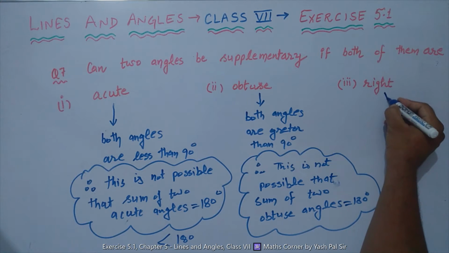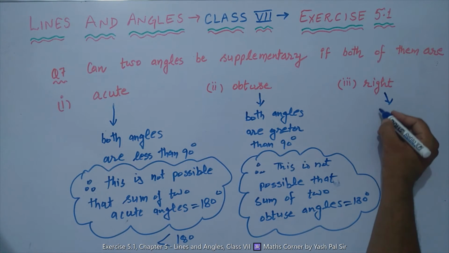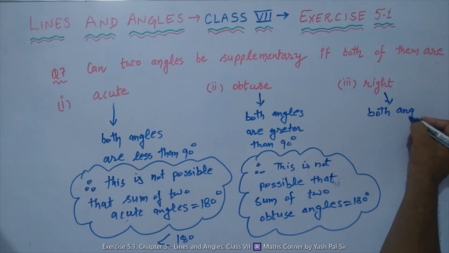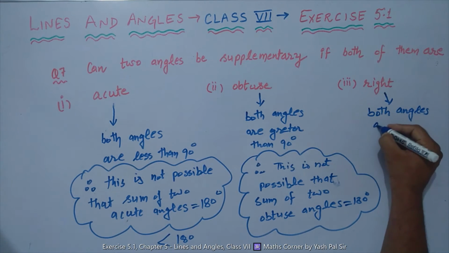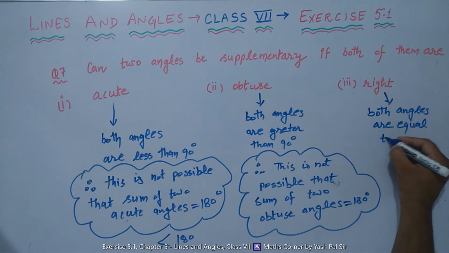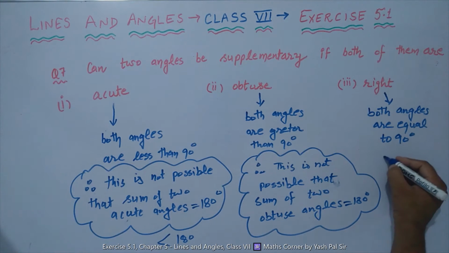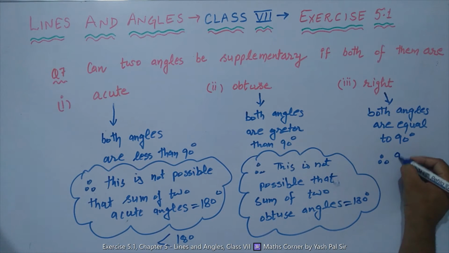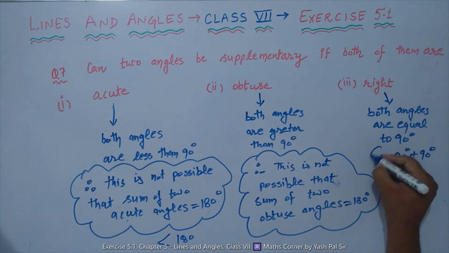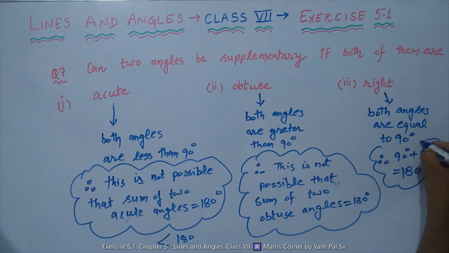The last part is right angles. Here right angle means both angles are equal to 90 degrees. So 90 degrees plus 90 degrees is equal to 180 degrees. So what is the conclusion?